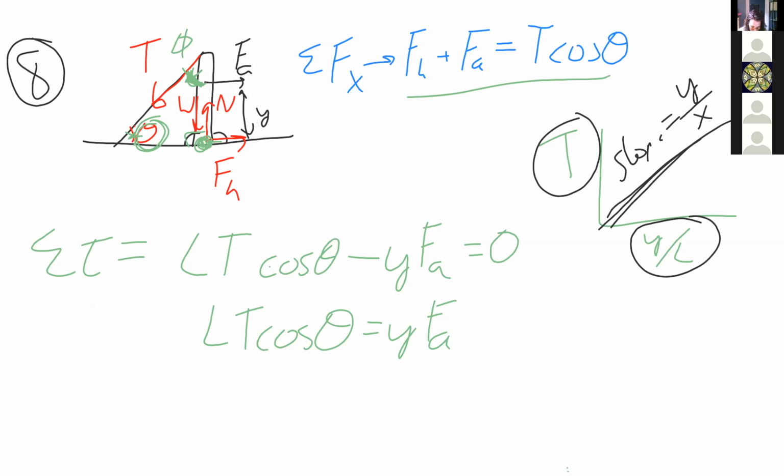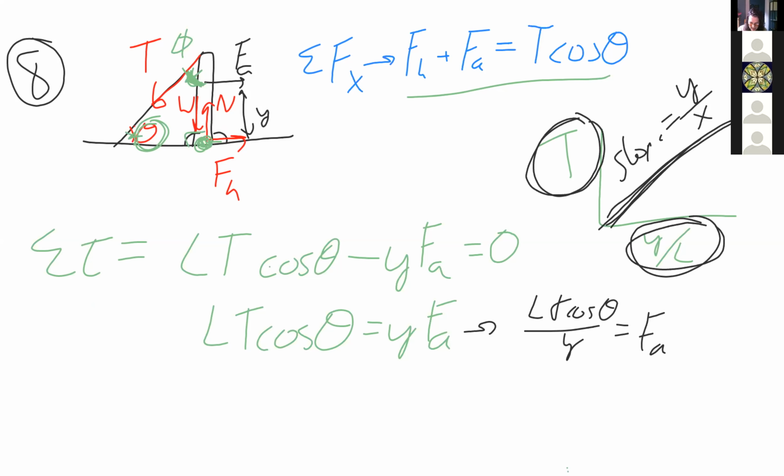So by rearranging this equation here, I can divide by y, and I'll have LT cosine theta on y is equal to the applied force. And I know that the slope of my graph could give me a value for T divided by y on L, but T over y on L is just the same thing as, if I reciprocate the denominator, LT on y. So notice I have LT on y right here.